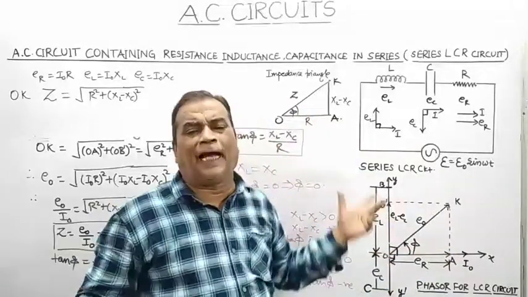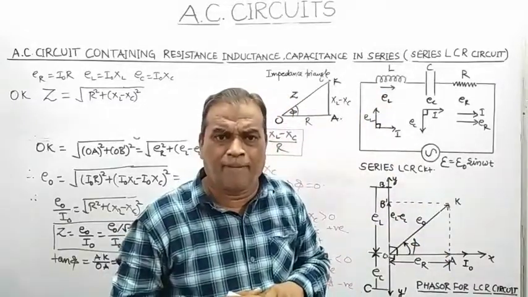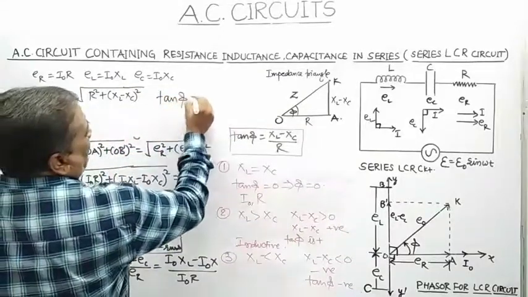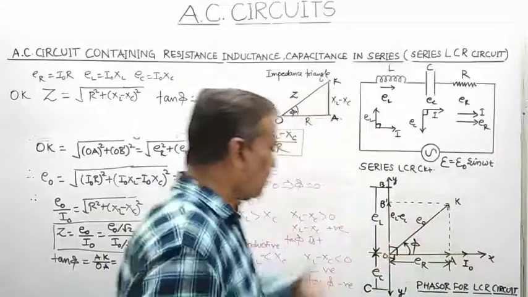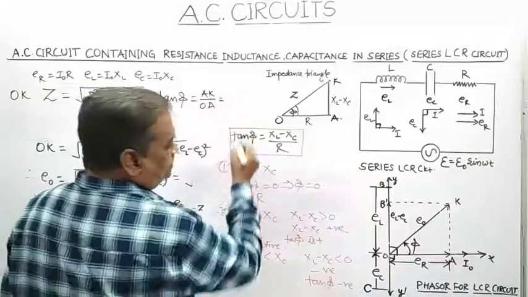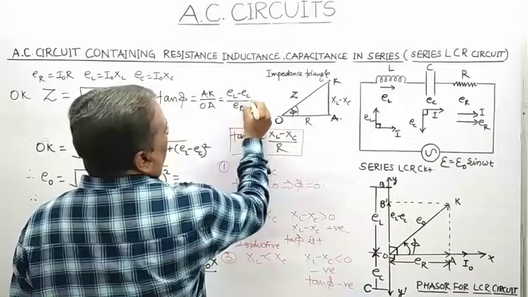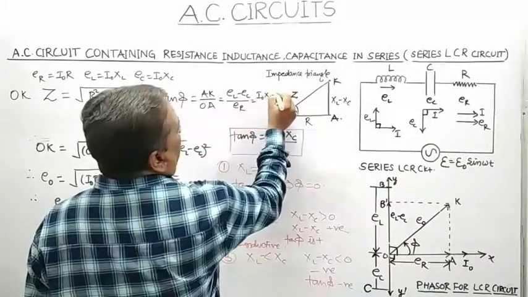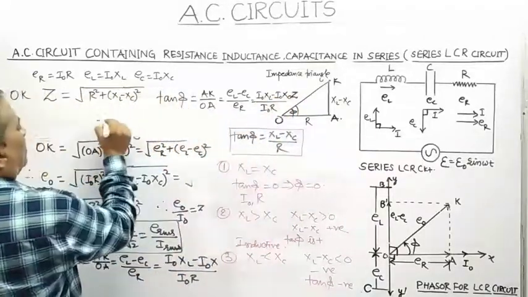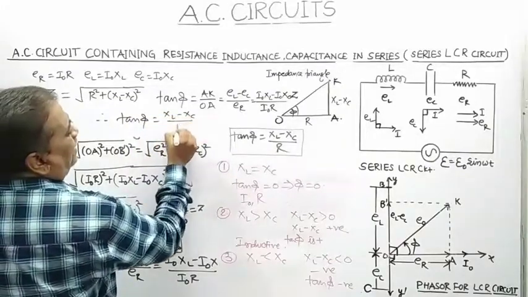So phi represents the angle by which voltage leads the current in series LCR circuit, and tan phi is equal to AK upon OA, that is equal to EL minus EC upon ER, or I0XL minus I0XC upon I0 into R, or we can say tan of phi is equal to XL minus XC divided by R.